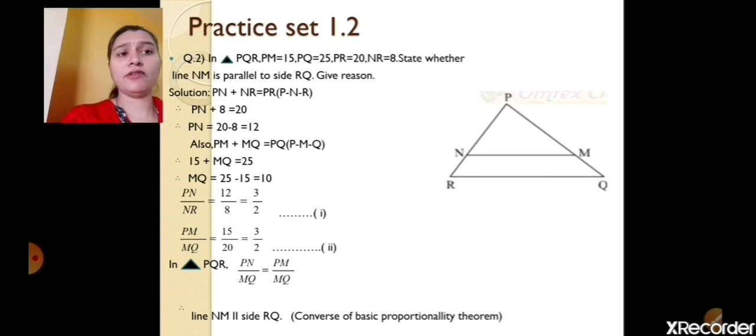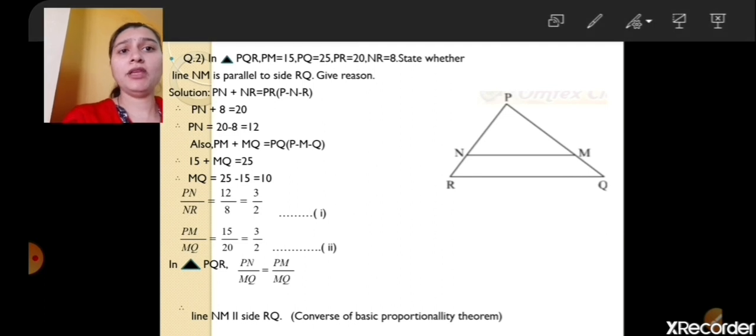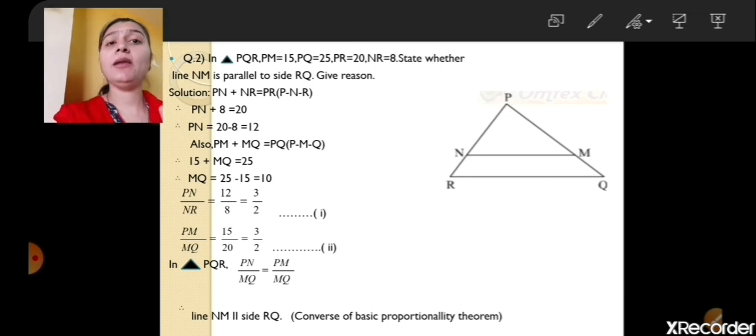So first, when we go with this diagram, you can see values of the segments are given. Whole PR is given to you, and PN you have to find, out of which NR is given as 8. So whole is 20 and NR is 8. What will be your PN? Right, 20 minus 8 will give you 12.